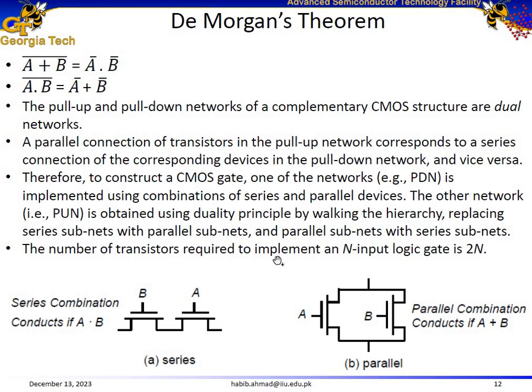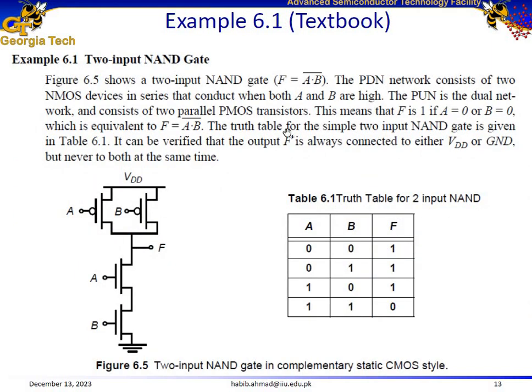So if we are given a logic function, for example, assume the logic function is equal to (A and B) whole complement, a NAND function. From this NAND function, we know that the NMOS transistors are connected in series.